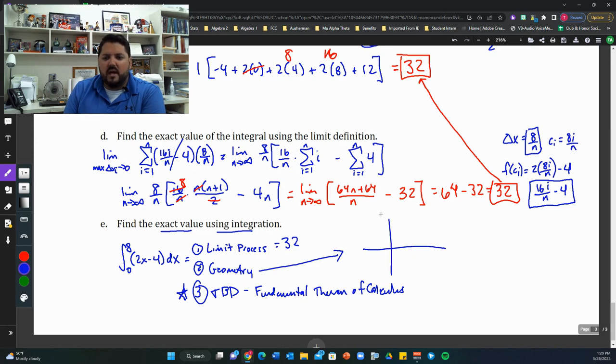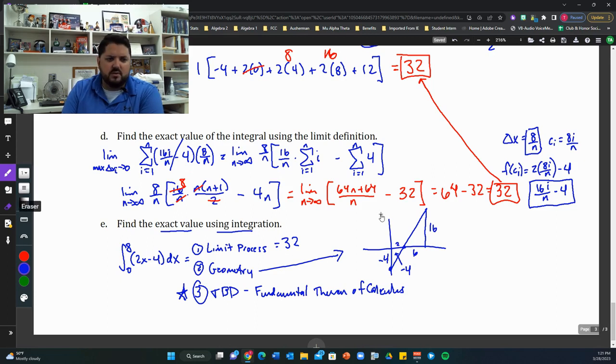So again, I have a region that looks something like this. This first one has a y-intercept of -4, x-intercept of 2, so this is -4 deep and then 2 across. So 1/2 times -4 times 2 would give me an area of -4. This one is 6 units across in the x direction, and 12 up, going up from there.